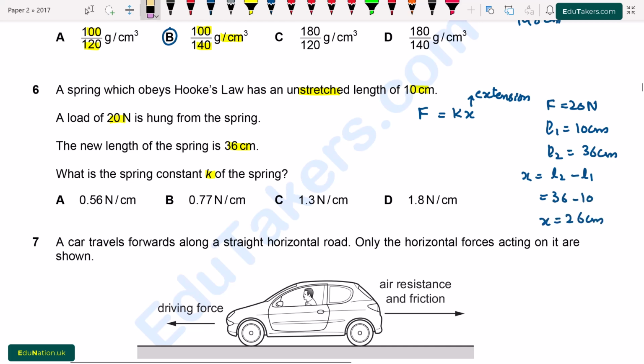Now we can easily find out the value of K. K will be equal to F over X, where F is given 20 Newton divided by X is 26 centimeter. So it will be equal to 0.77 Newton per centimeter. Now we see the options. Option A 0.56 Newton per centimeter, B 0.77 Newton per centimeter. So B option is correct from here.